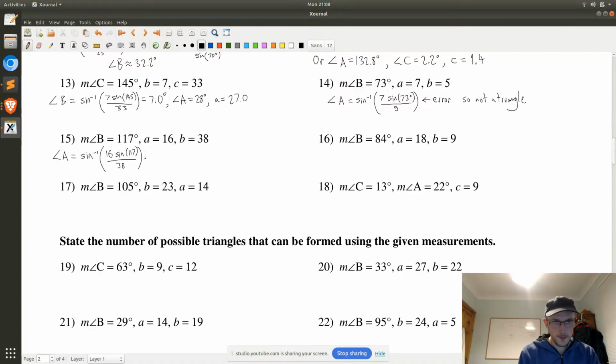22. That angle there, we do 180, take away the sum of that angle plus 117, to get, well, 41.0.